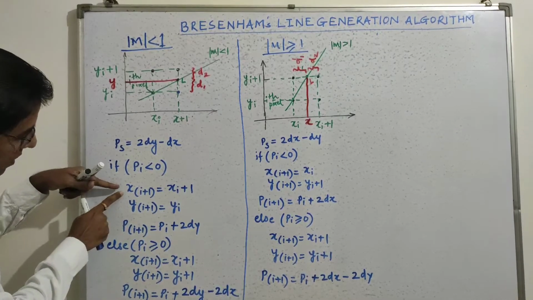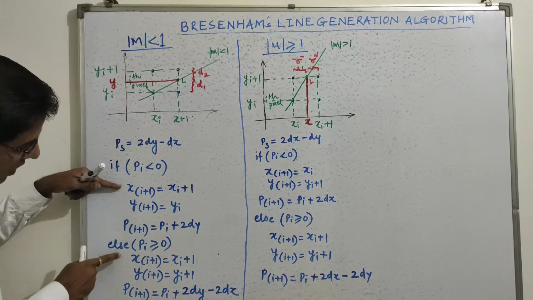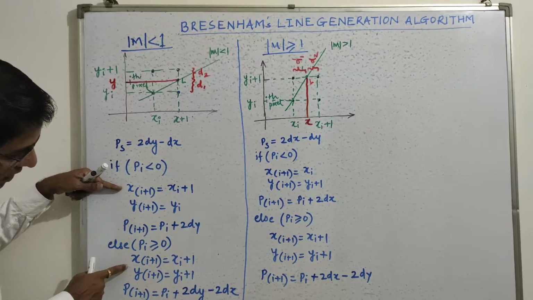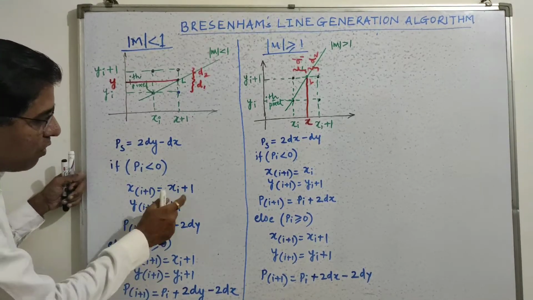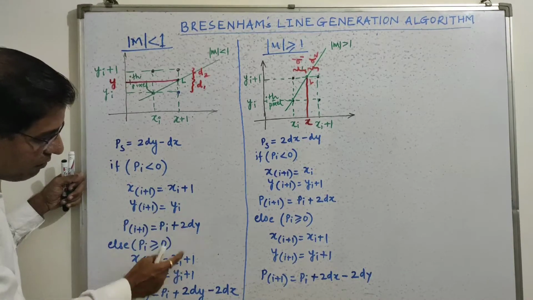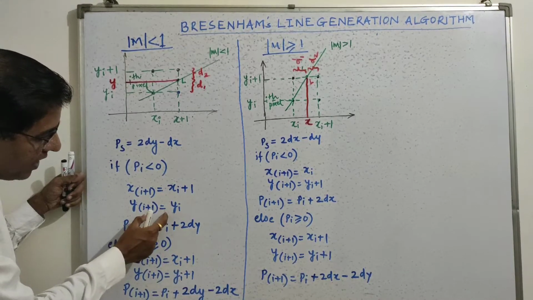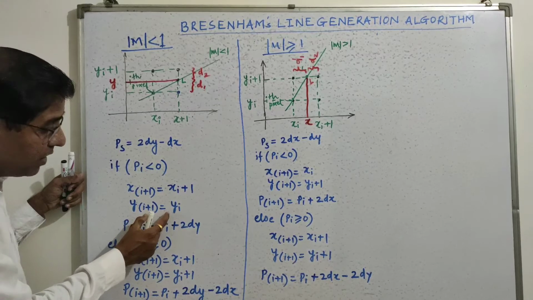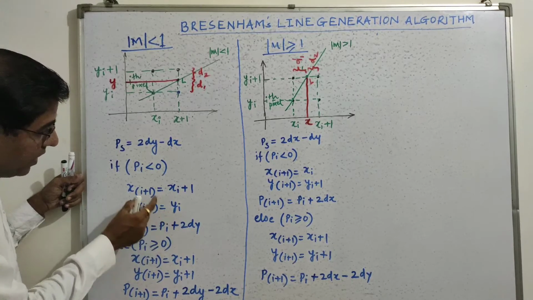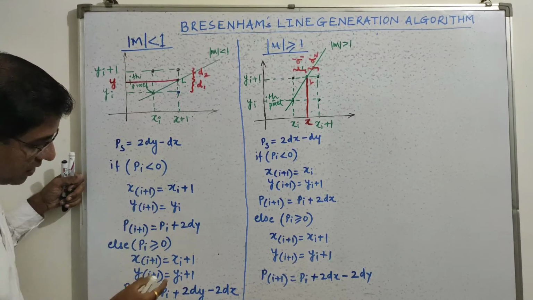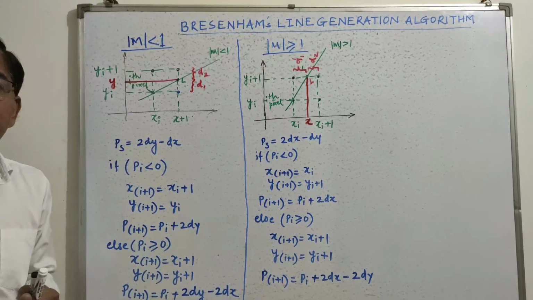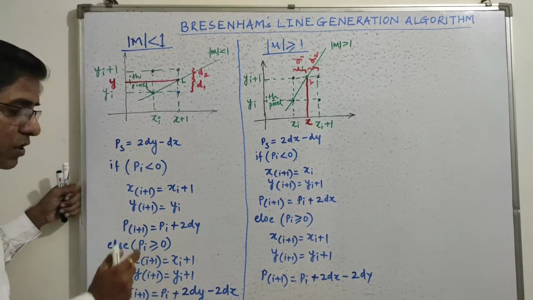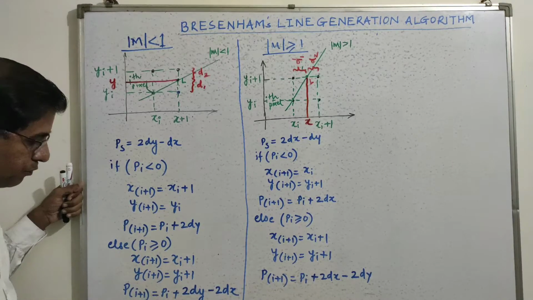So in both the if and else conditions, the value of x is incremented by 1, whereas the value of y remains the same in the p less than 0 condition, and it is incremented by 1 in the p greater than or equal to 0 condition.